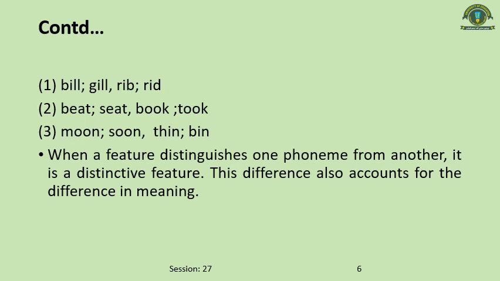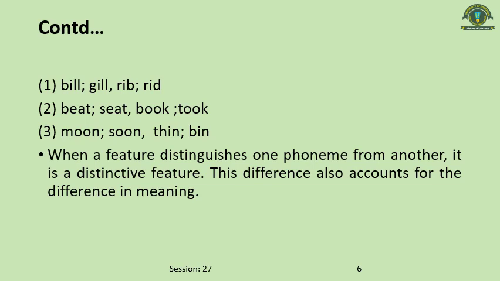So remember, when a feature distinguishes one phoneme from another, it is a distinctive feature. And this difference also counts for the difference in meaning. I repeat, when a feature distinguishes one phoneme from another, it is a distinctive feature.